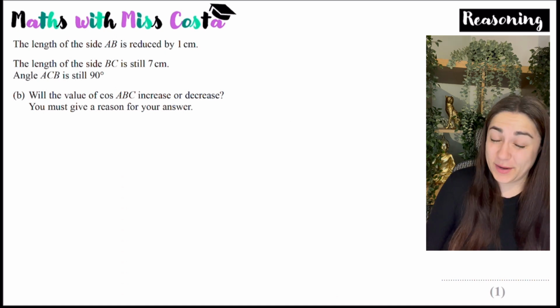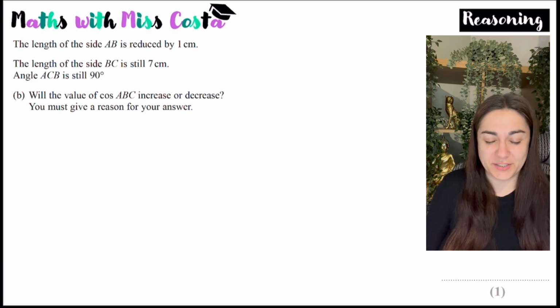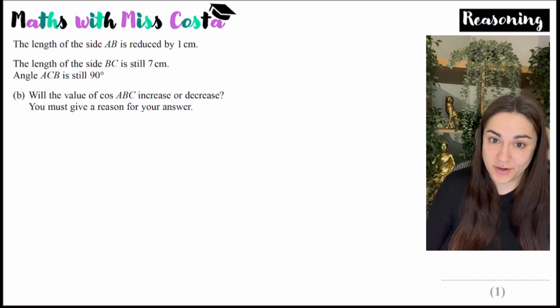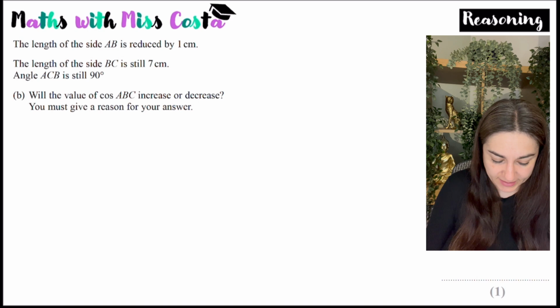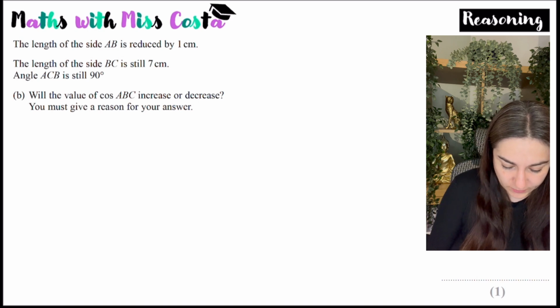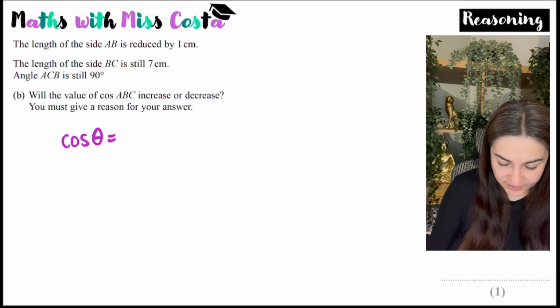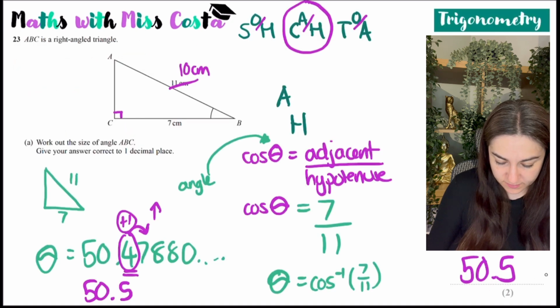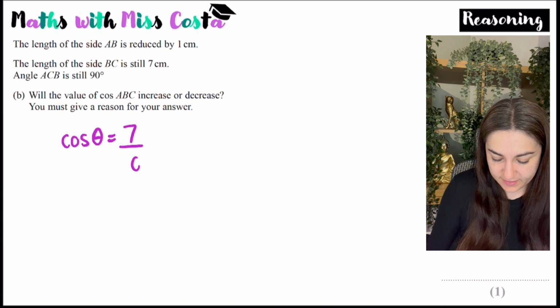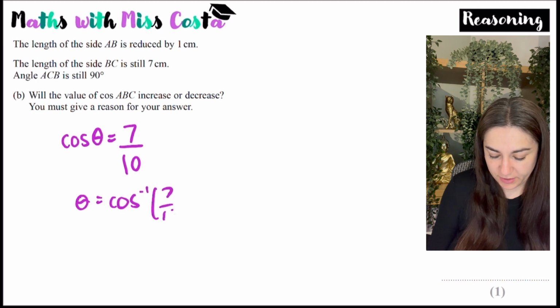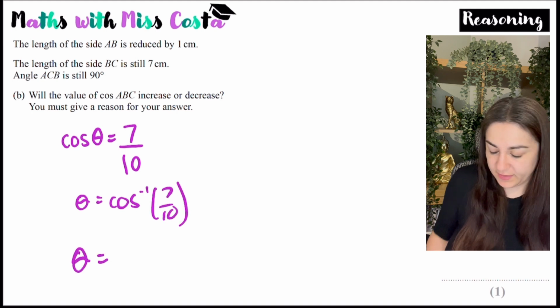And this is quite a difficult question to think about unless we actually try and do it ourselves. So let's just try working it out. We know that cos theta is going to be the adjacent, which is still 7, over the new value, which is 10. So let's just type that in. Theta is going to be cos minus 1 of 7 over 10. So what's the value of the angle going to be?